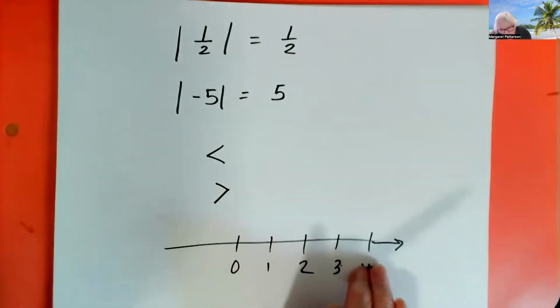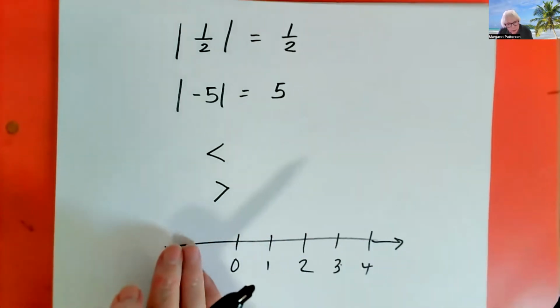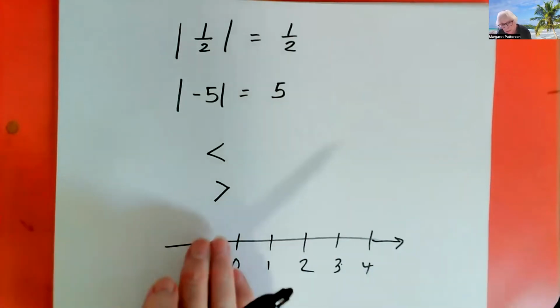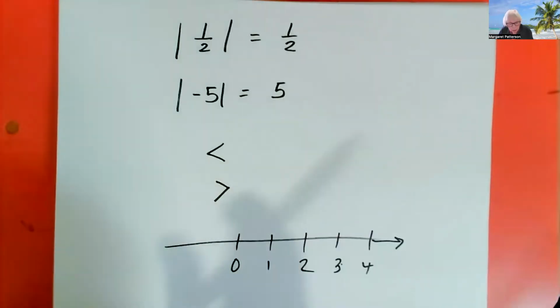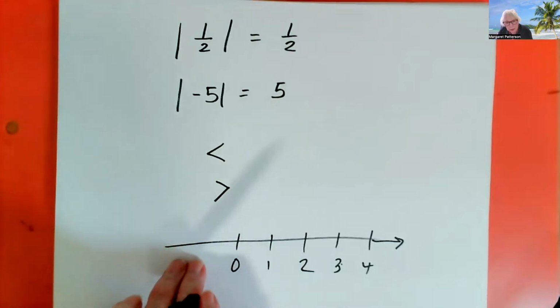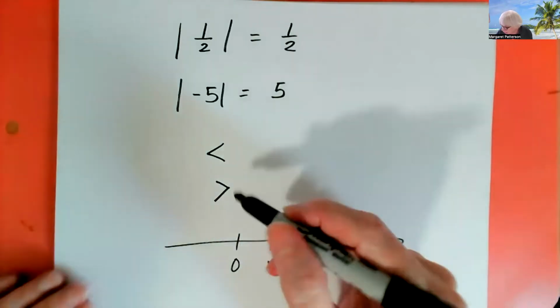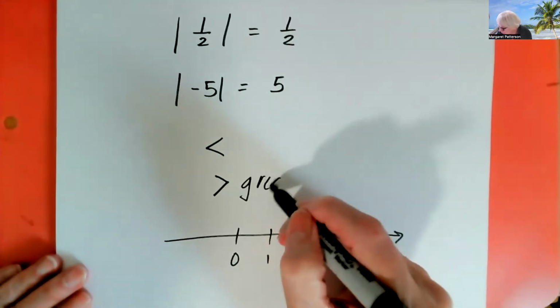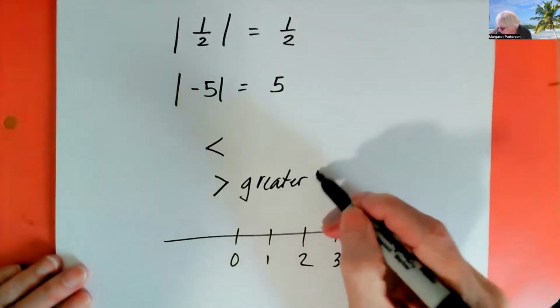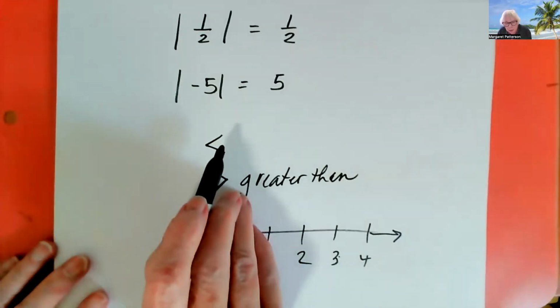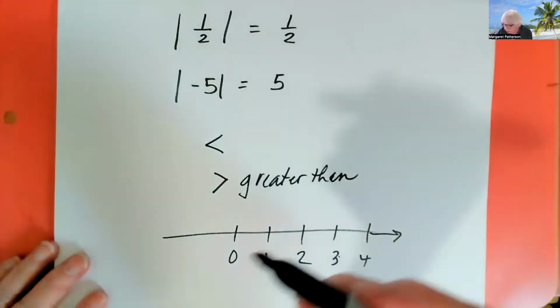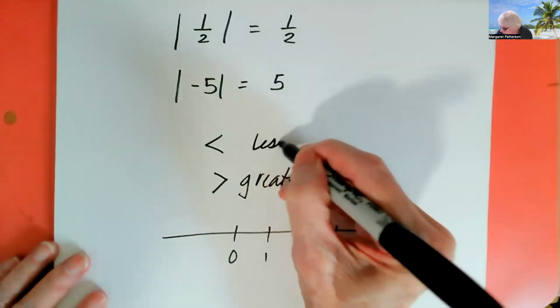This was arbitrary, but it's based on how we read from left to right in this country, so this is progress by that notion. This one here is greater than. This other one is pointing downward, and this is less than.